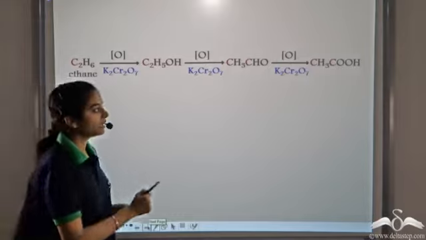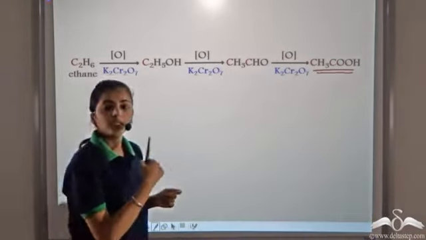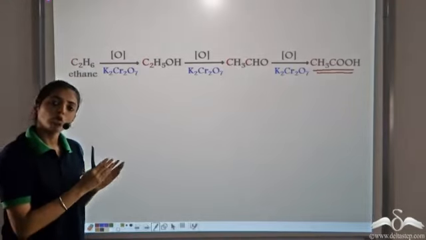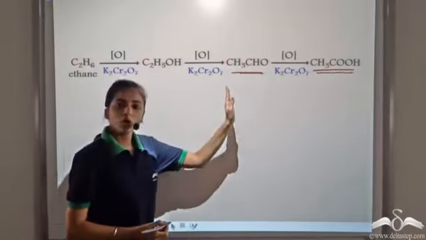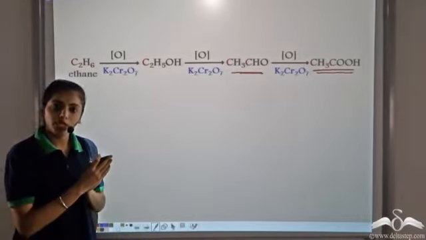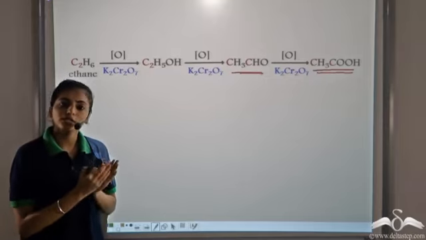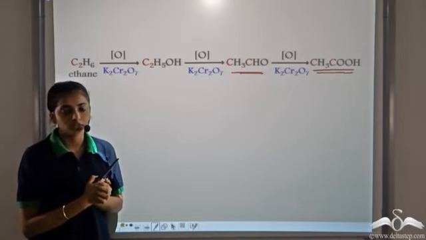So if we have to prepare the ethanoic acid, we can either start from ethane and carry out the entire oxidation, or we start from ethanol and we oxidize it in the presence of potassium dichromate to get the ethanoic acid. So this is how ethanoic acid or any carboxylic acid can be prepared in the laboratory.